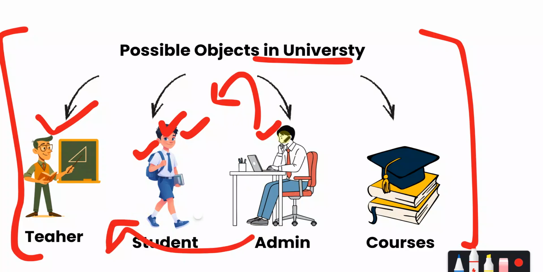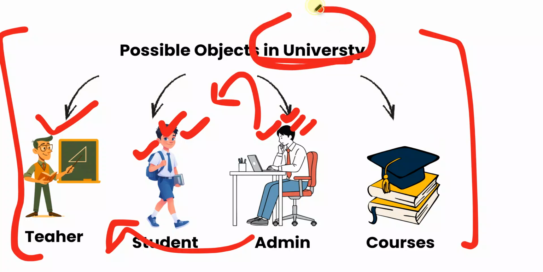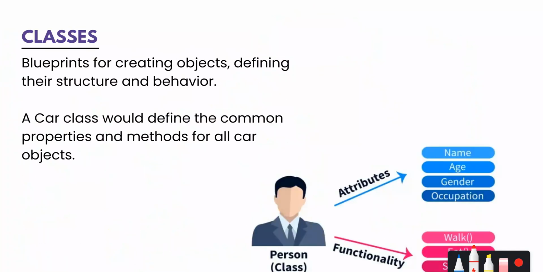They also address the teachers' queries, they update the results, etc. So everyone has some sort of responsibility in the university application. All these objects, all these real world entities which have some functionality in the university application, all of that will become our classes.